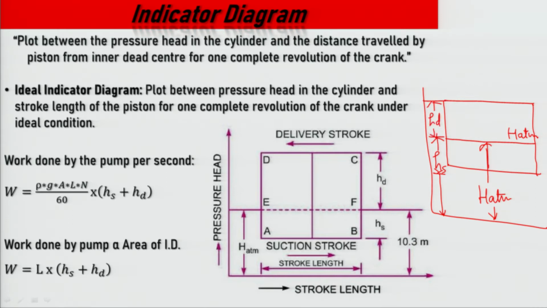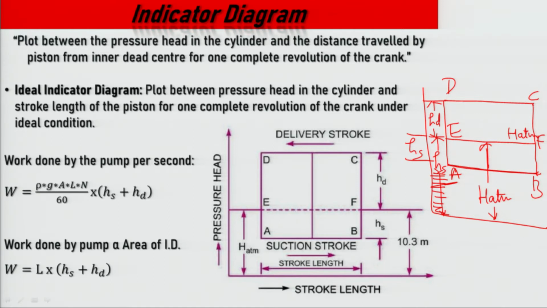Only up to this point is H s, because this pressure is lower and this pressure is above the atmospheric. We can label the points A, B, C, D, E and F.